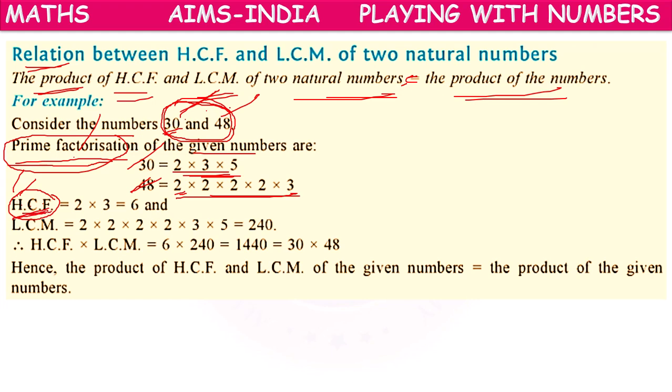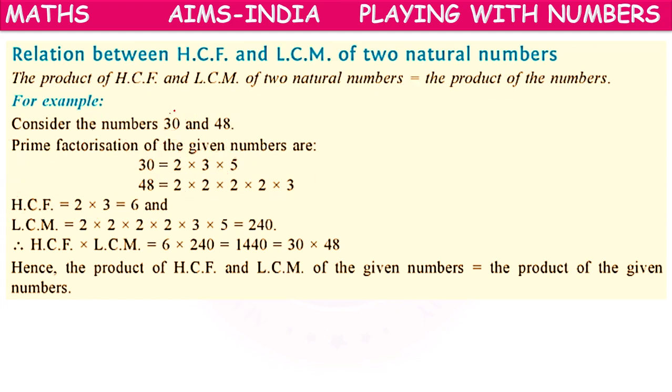So for finding HCF, we take the common prime factor which occurs the least number of times. 2: one time, 2: four times, least means 1 time. 3: one time, 3: one time, least means 1 time. 5: 1 time, 5: 0 times, least means 0 times, so we won't take 5. After taking those prime factors the least number of times, we multiply them. 2 times 3 is 6. So the HCF of 30 and 48 is 6.